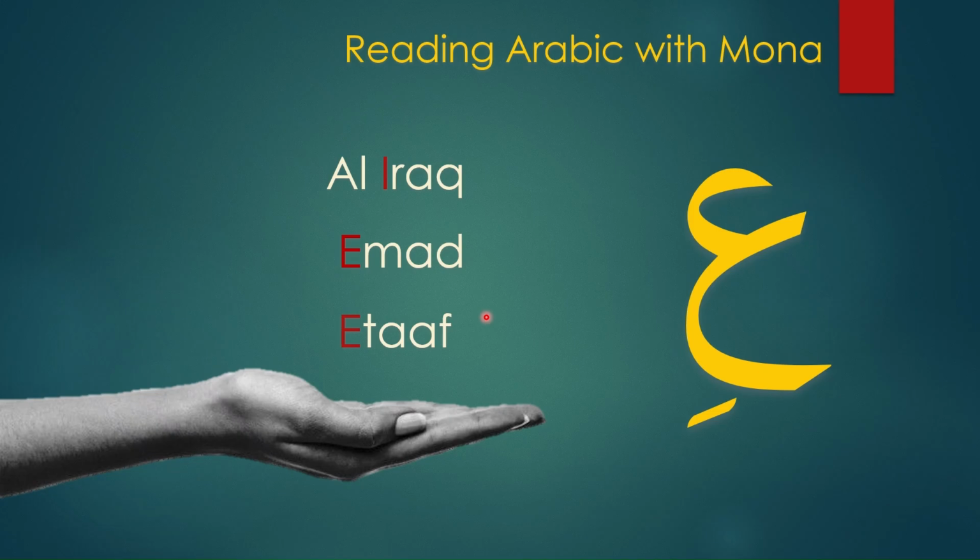Usually they follow the norm of choosing E or I. For example, Imad in English, you might see someone writing it with I or with E. It's a matter of preference, but the point is that when the A sound is with kasra, it is always written with I or E. So, Itaf, Imad, Al-Iraq.